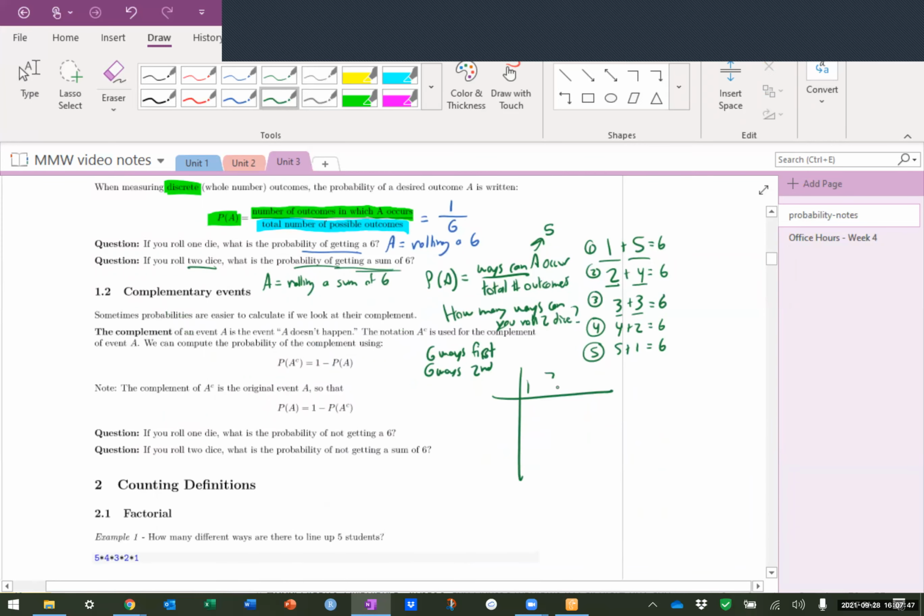Here we go. 1, 2, 3, 4, 5, 6. If this is the first and maybe this is the second, you can see by this, we have a square that's 6 by 6. So inside, there should be 36 possible outcomes. So the total number of outcomes is 36. So 5 divided by 36 is the probability of rolling a sum of 6.